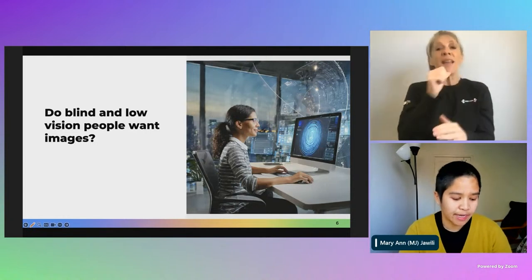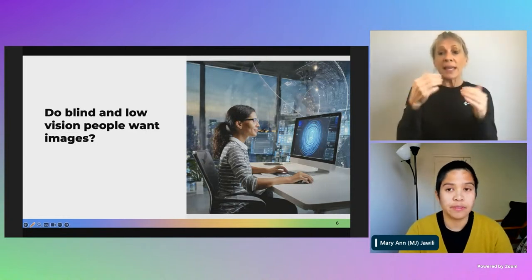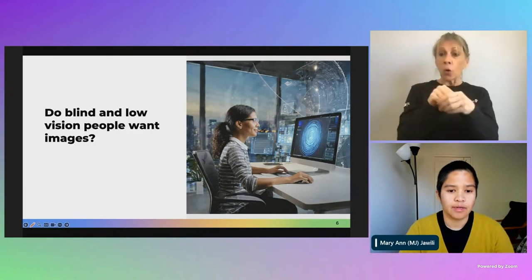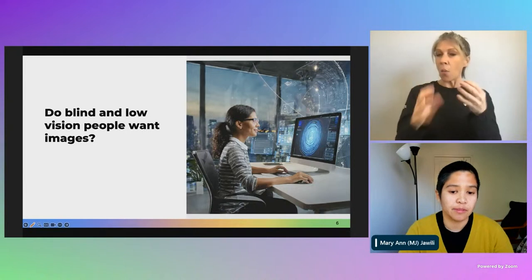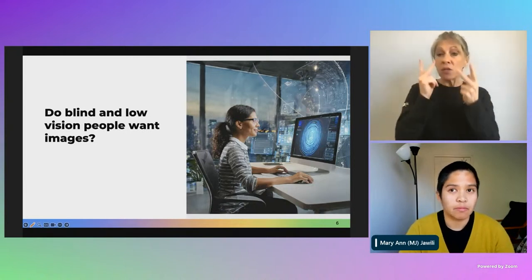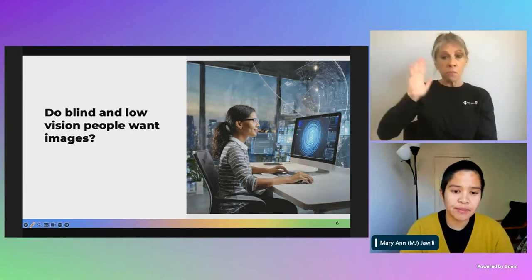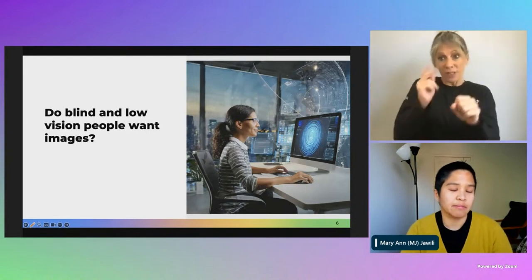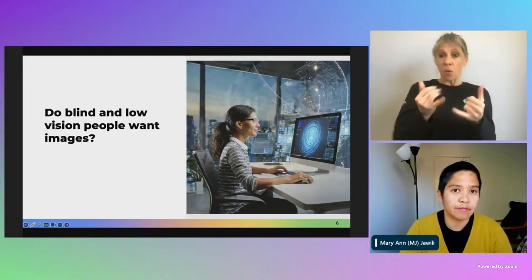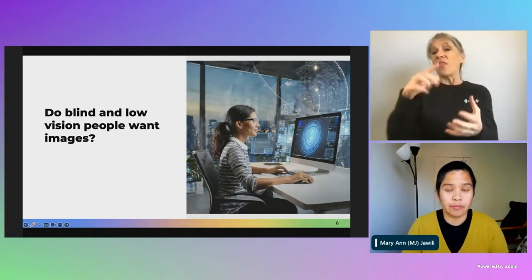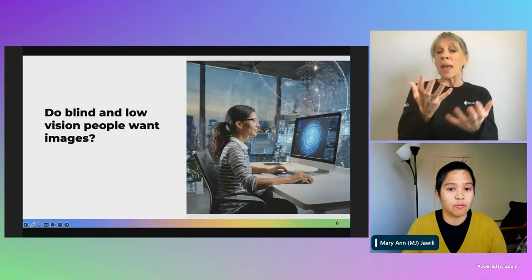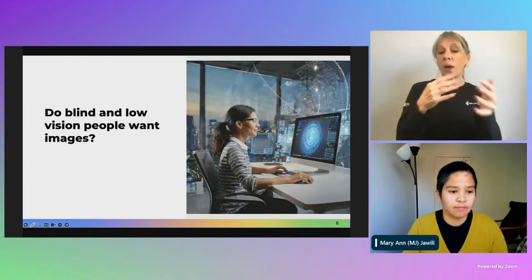So he actually has an incentive to include an image. And one more thing I want to add is that some blind and low vision people were previously sighted people. So even if they can't see now, they still might have preferences over what they're creating looks like. And so they might want to include images in whatever it is they're creating.